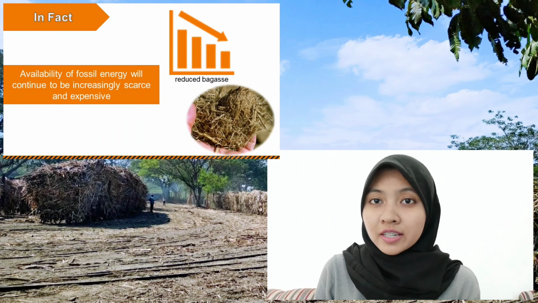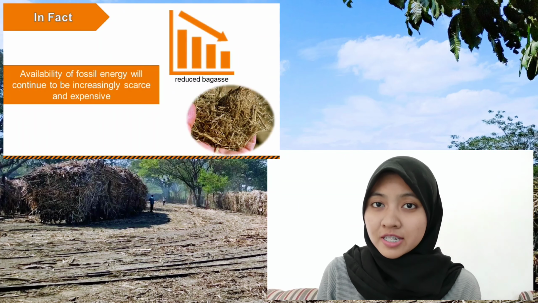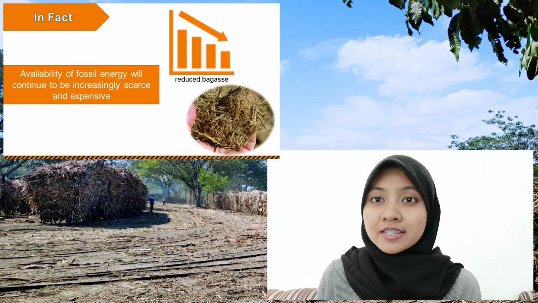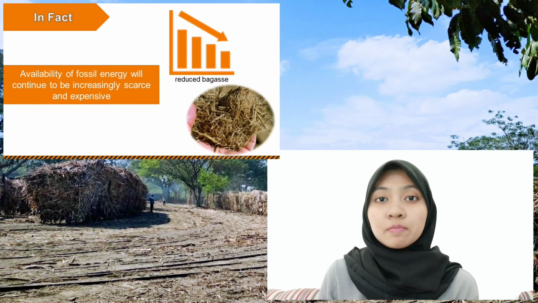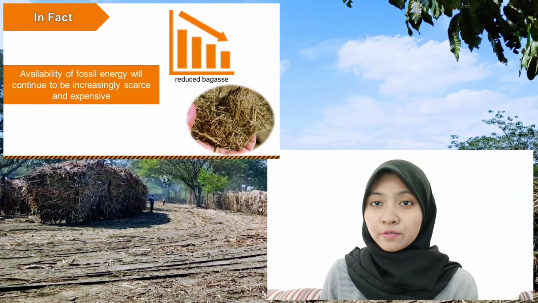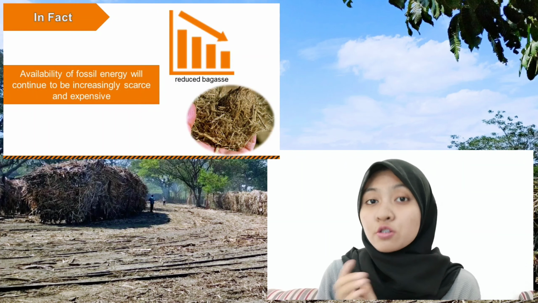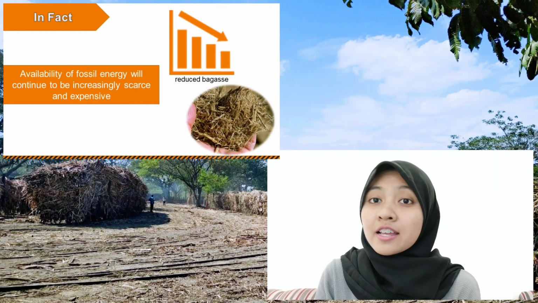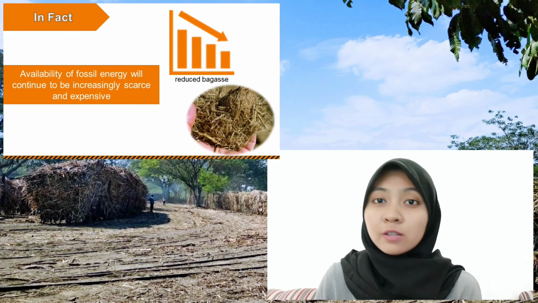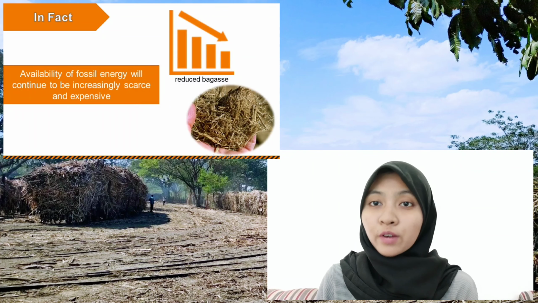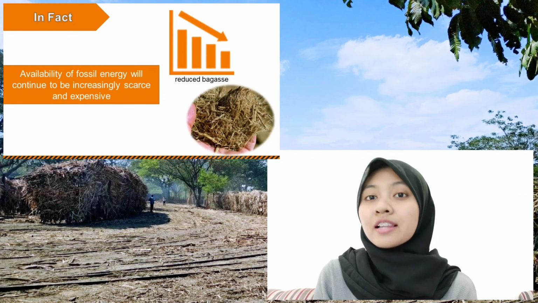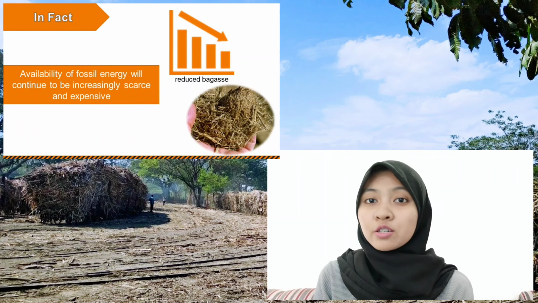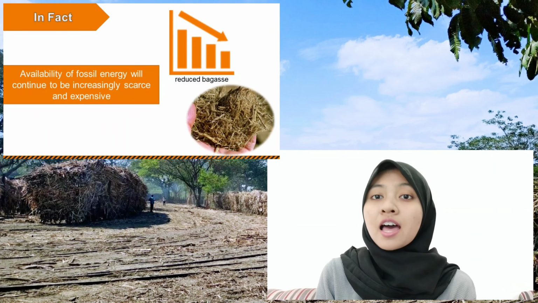Because the world availability of fossil energy is increasingly scarce and expensive, this has an impact especially on sugar factories that are still short of waste and have no remaining oil to be burned as boiler fuel. Bagasse is a renewable energy source available in large quantities which can be used as boiler fuel.